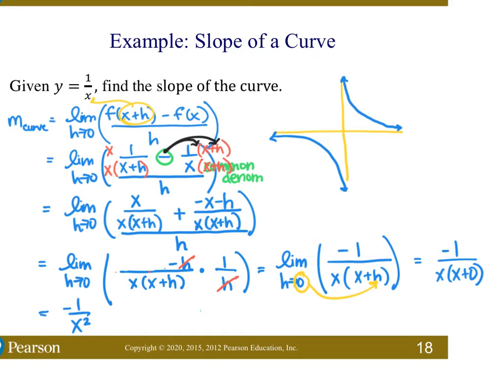So I would have to pick a point, plug it into the original equation to find the y value, but plug it into the curve equation to find the slope. Or I could pick a different point, plug it into the original equation to find the y value, plug it into the curve equation to find the slope.